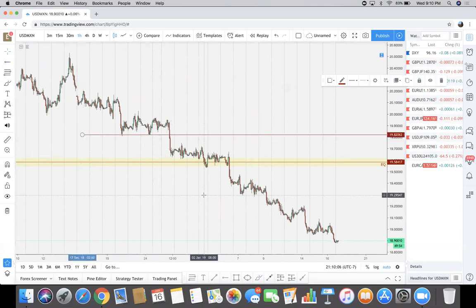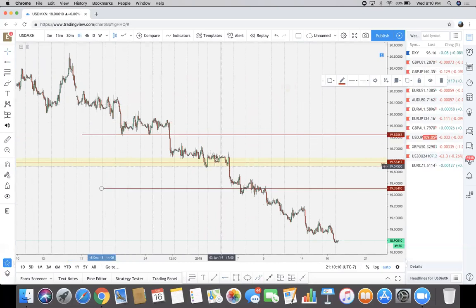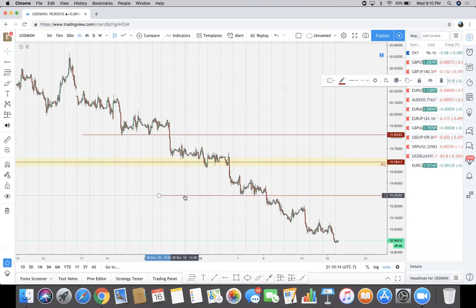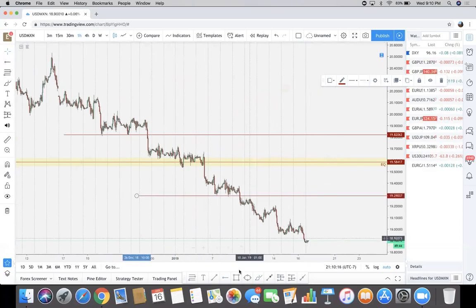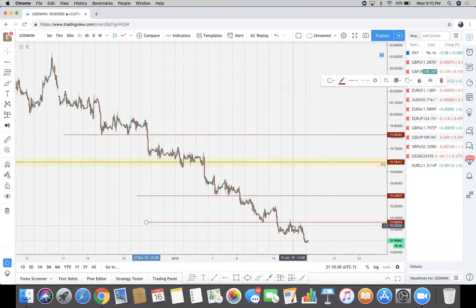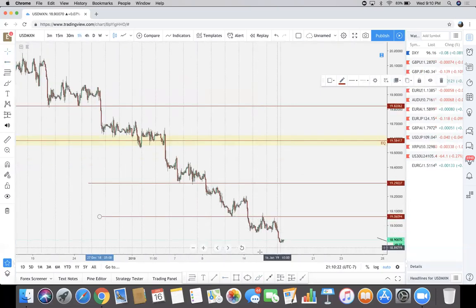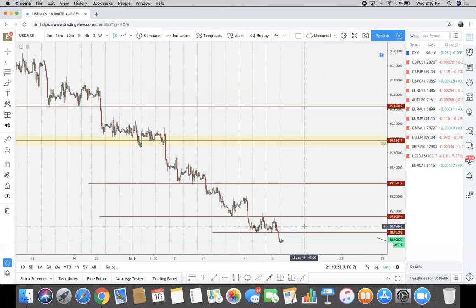So support right there, support at our equilibrium. You can see that it's reacting right there. You can set support right there, and then even support and resistance right there. This would have been a good entry for a sell. And then even break this down further.